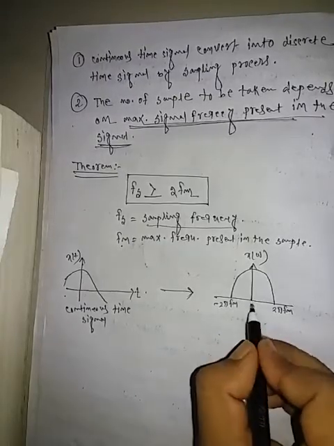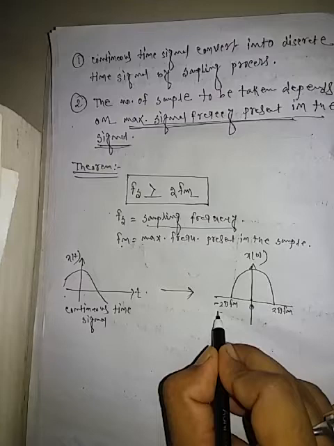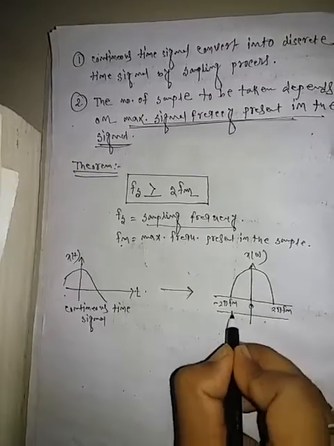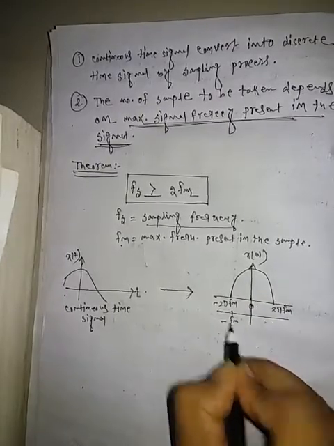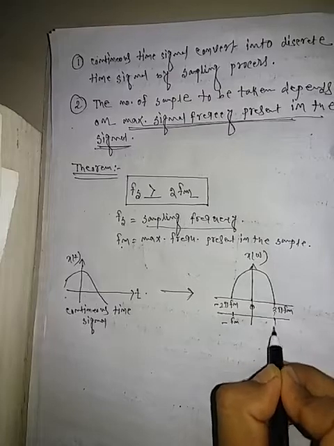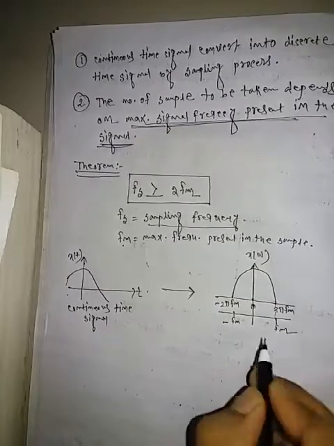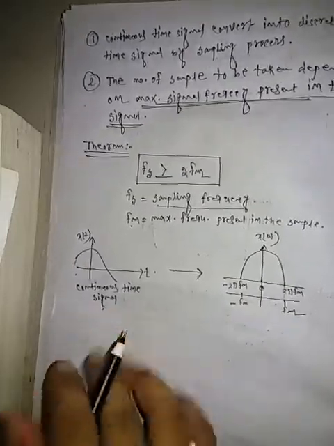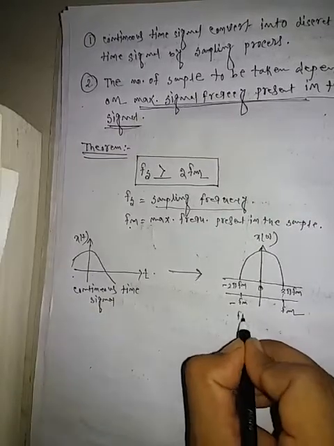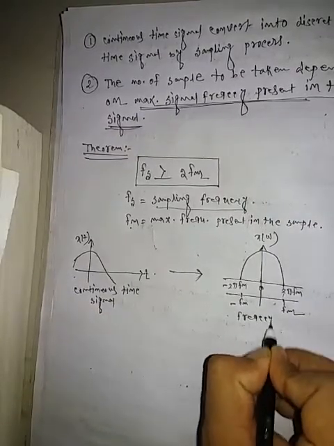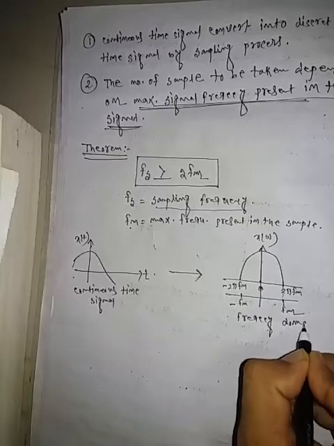This is Fm, minus Fm, and plus Fm. This is the time domain, and this is the frequency domain.